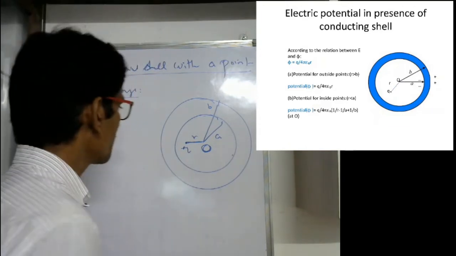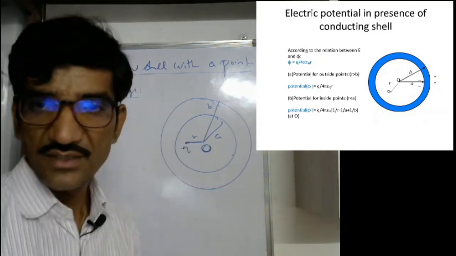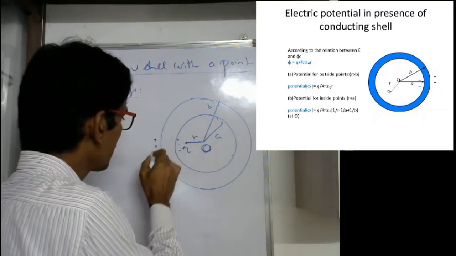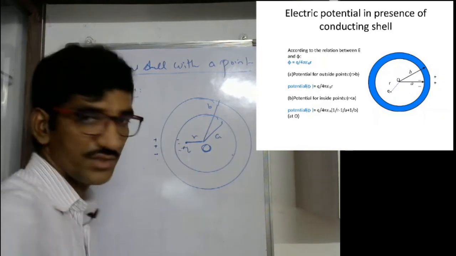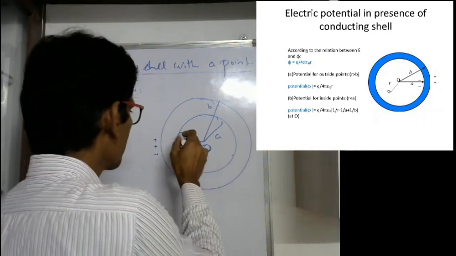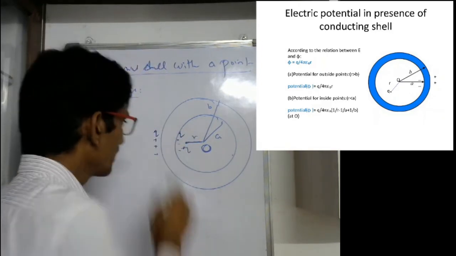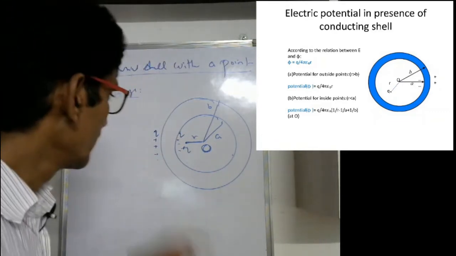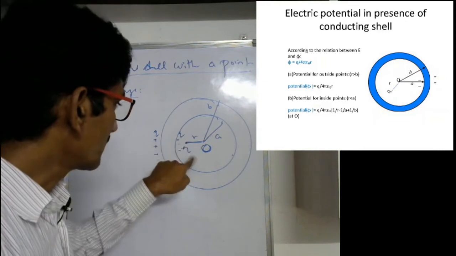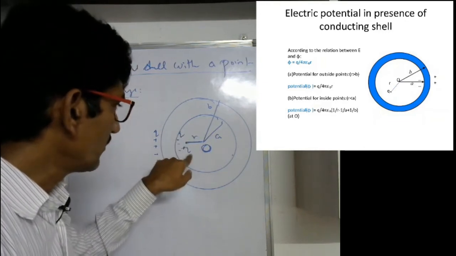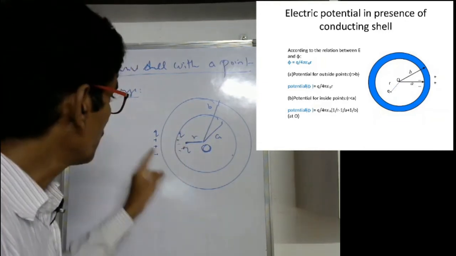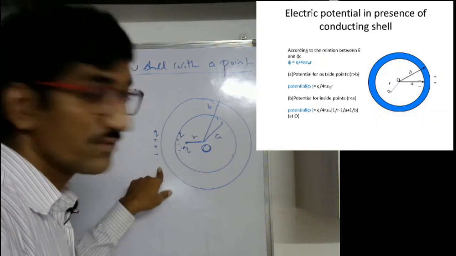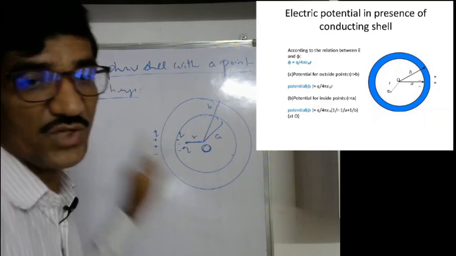Here you find some minus charge, here you find some plus charge. This charge will be minus Q, this charge will be plus Q. Now the total charge for this portion gets cancelled. So whatever charge is inside appears for the outside points. So what will be the potential?